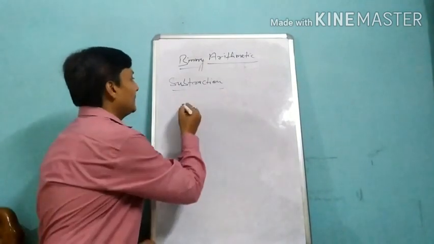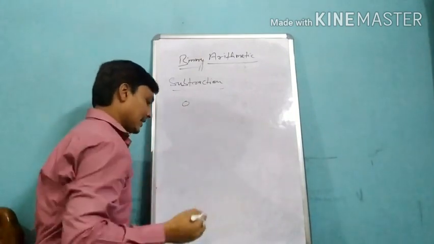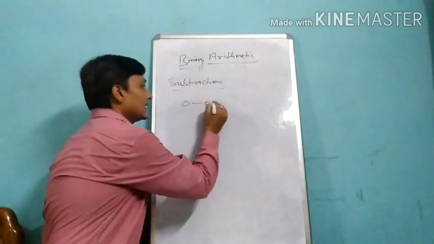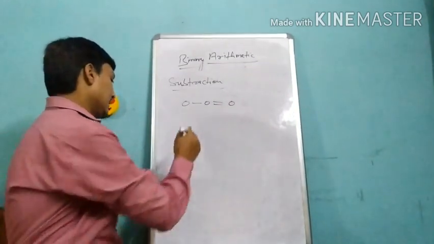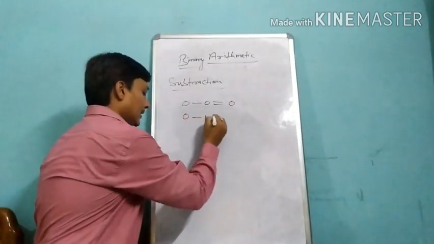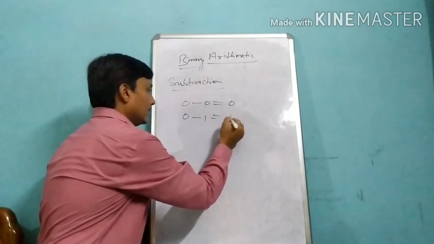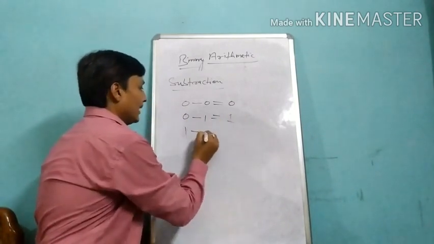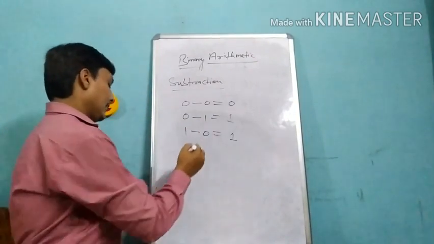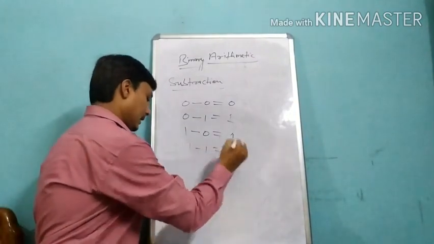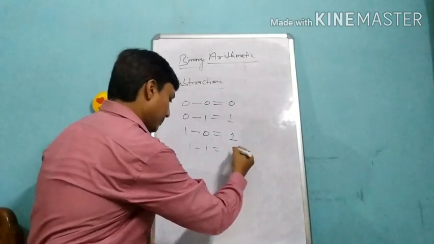So in the case of subtraction, if it is coming 0 minus 0, it is given in your book, the output will come 0. If it is given 0 minus 1, the output will come 1. If it is given 1 minus 0, the output will come 1. And if it is given 1 minus 1, then the output will come 0.